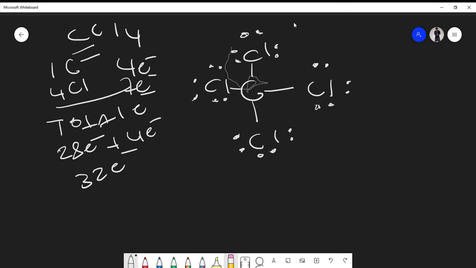Right? So let's count the total electrons that we have in this problem and see if it is equal to 32 electrons. So we have 8 coming from the central atom.